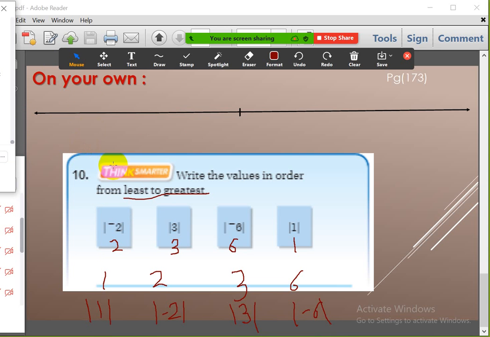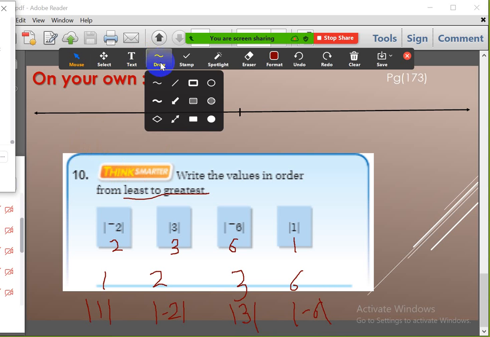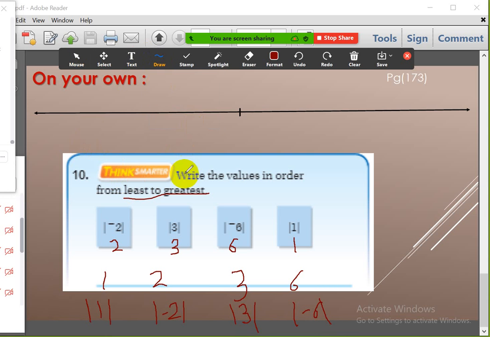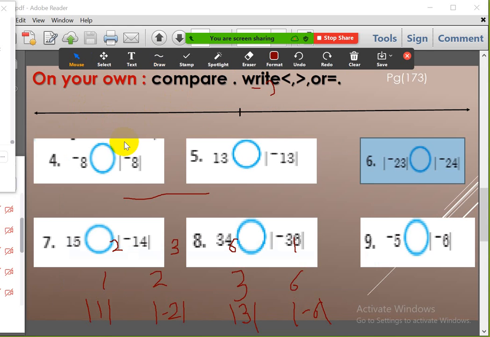Just 1 minute, repeat again. Which exercise? Like for example, we have minus 23 and minus 24. Okay, you mean numbers. I think minus 23 is the greatest because. But not the absolute value. We are talking about absolute value here.